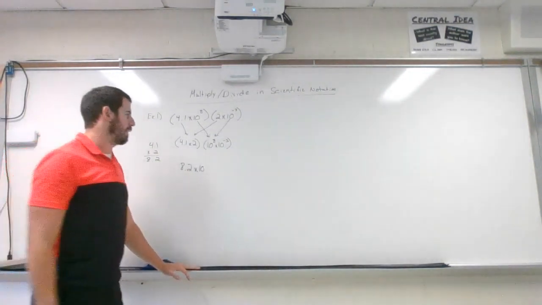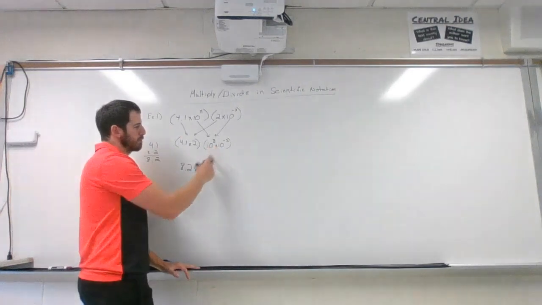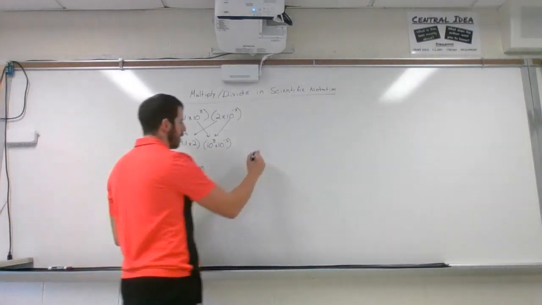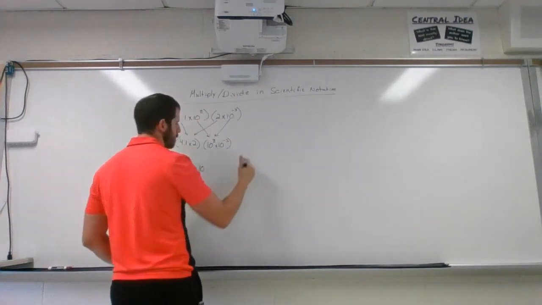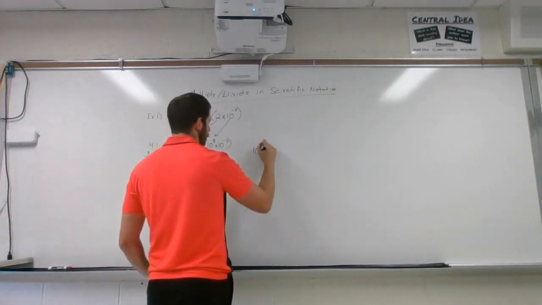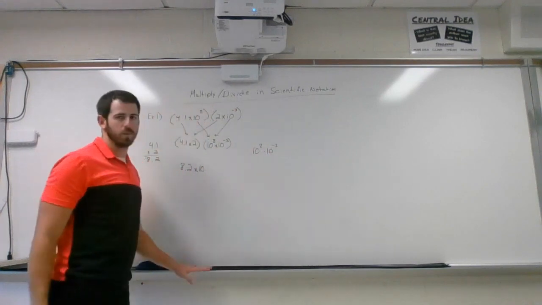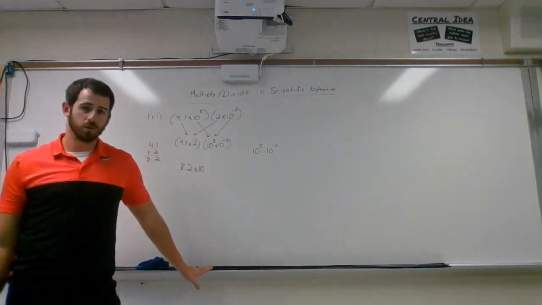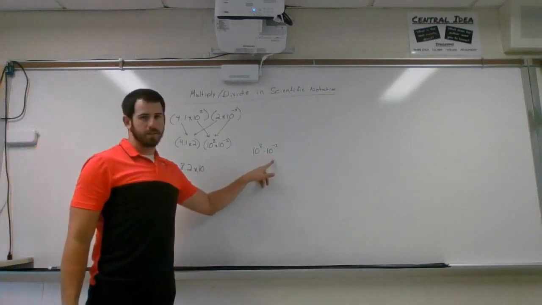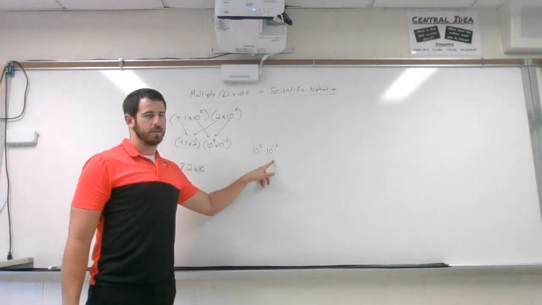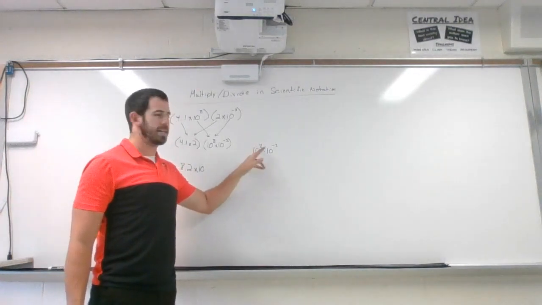Okay? Now, here we need to know our exponent rules. Okay? I'm going to write it off to the side in a different way, just to kind of show you. Okay, this is how you saw it when we did the exponent rules or properties practice. Whenever I'm multiplying my powers, or when I'm multiplying bases, I add the exponents.